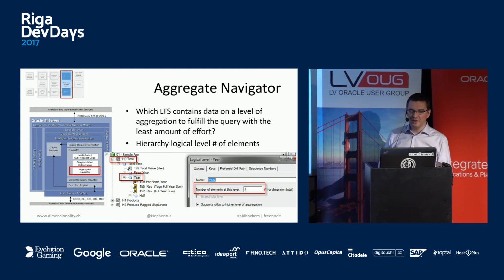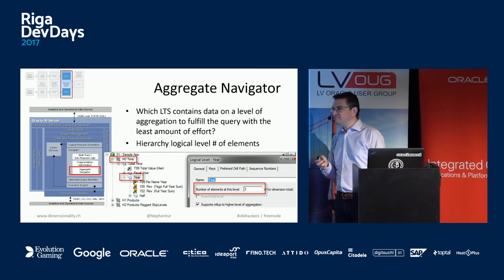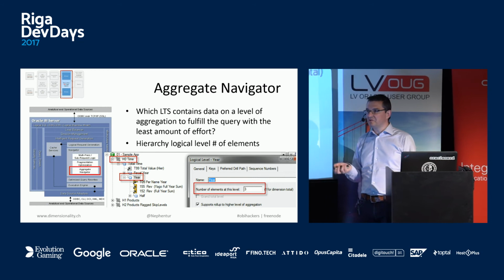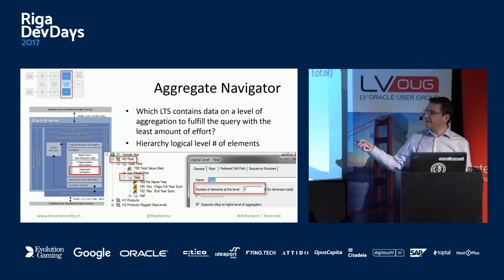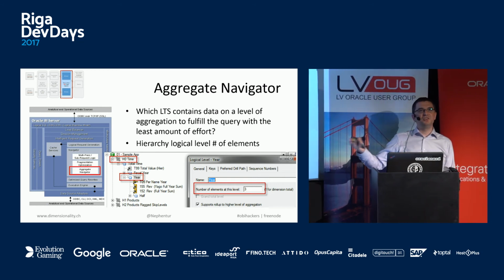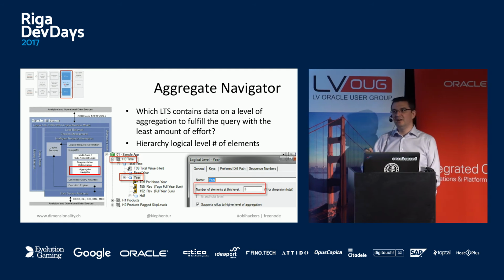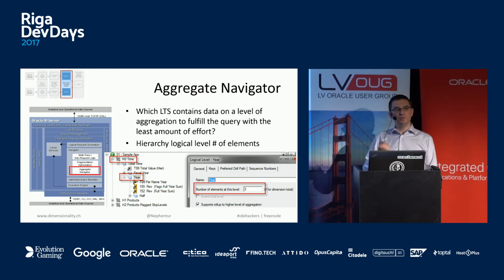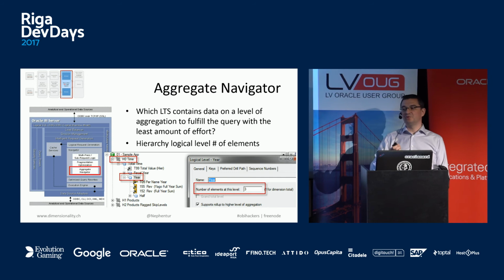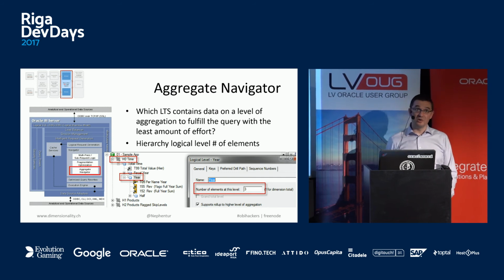And that's the reason why, for example, and this is another, let's say, abused configuration option, is these number of elements. This isn't something that you just set arbitrarily. We actually need that so that the Aggregate Navigator can decide what's the most efficient way to access the information, and then afterwards aggregate the information again, so going upwards.